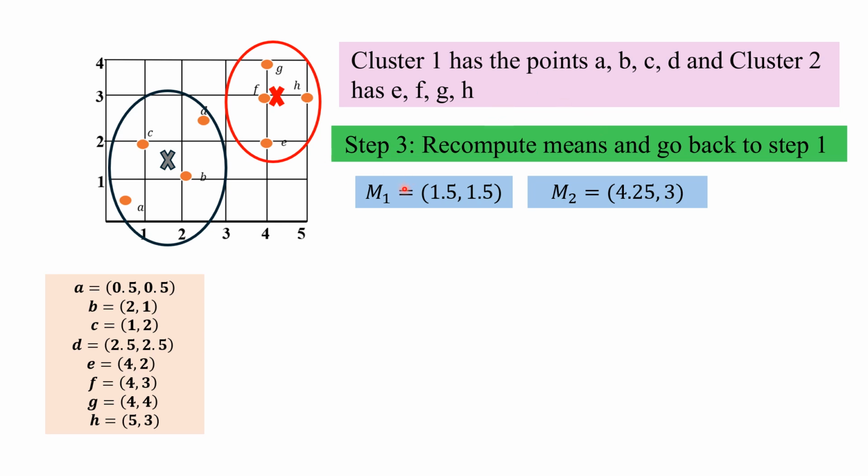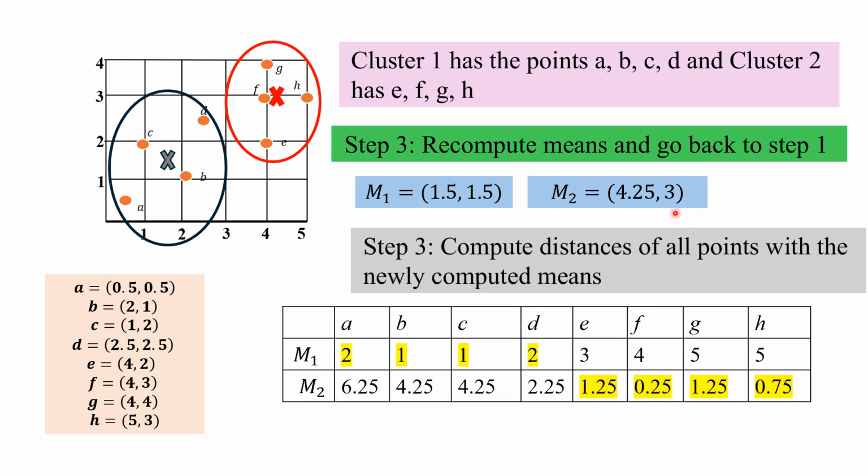Recompute means. We recompute the means for these 4 points as (1.5, 1.5) and for the other points as (4.25, 3). We compute distances, the method is the same, and now we see what happens. The same 4 points, A, B, C, D, are close to M1 as in the previous iteration, and E, F, G, H are close to M2.